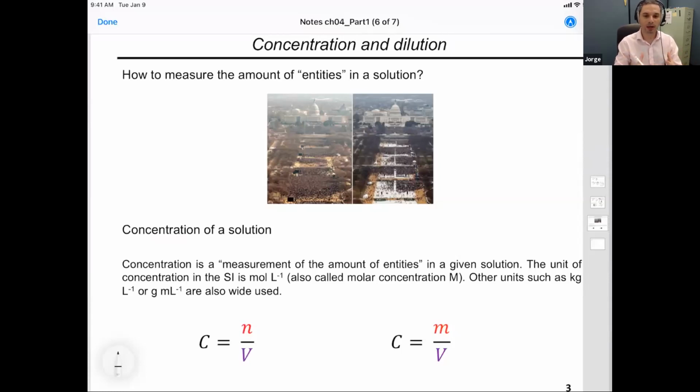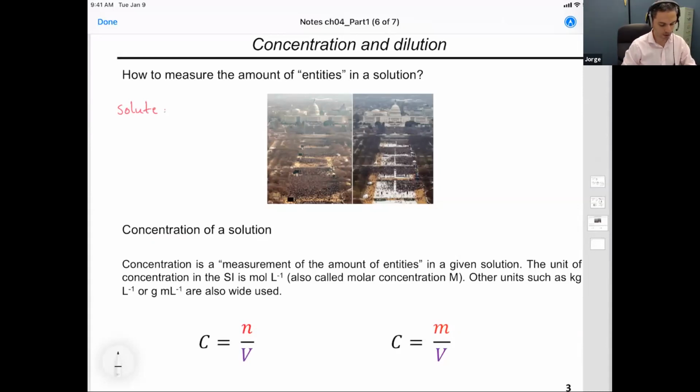The same idea will work for chemical compounds dissolved in solution. So concentration is a measurement of the amount of entities in a given solution. And here I would like to add two terms. The first one is called solute.